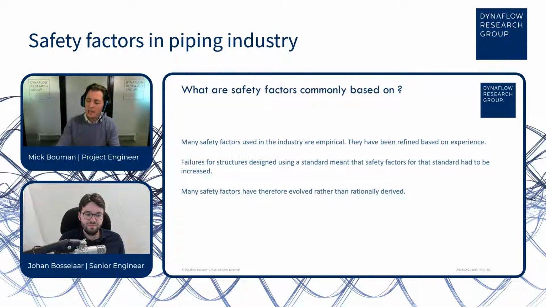Then you introduce a standard, and the number of failures drops quite dramatically, because there are safety factors in those standards and the quality of the product increases. Then suddenly they saw we had to increase the safety factors because we were again seeing a lot of failures. So these things have grown more evolutionarily than purely rationally.